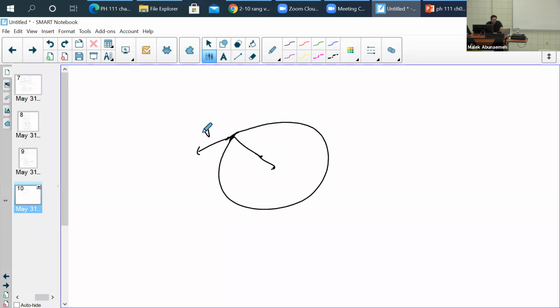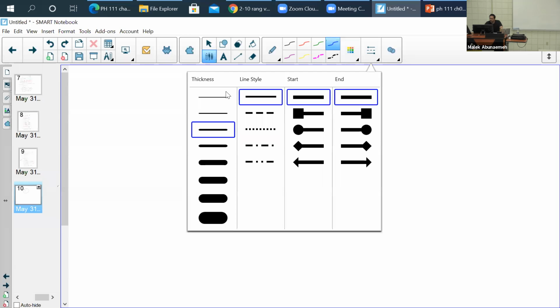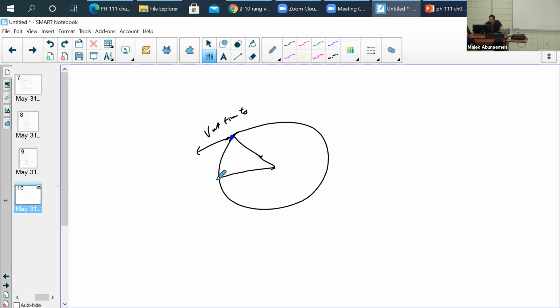So let's say that's your v at time t equals 0, or t naught, the initial time. And then let's say you've got the object over here, again going at a velocity in a circle, right? And this velocity is at the final time, t.